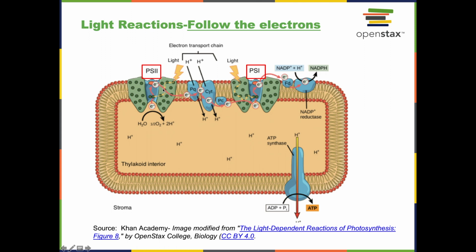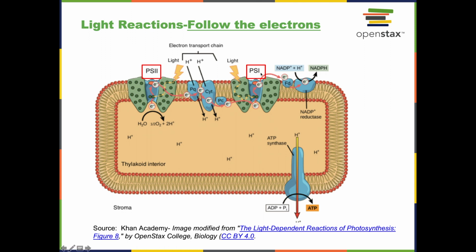And if you remember, in cellular respiration, as the electron moves down the electron transport chain, it fuels pumping of hydrogen ions across a membrane. And in this case, it fuels the pumping of hydrogen ions from the stroma into the thylakoid interior.